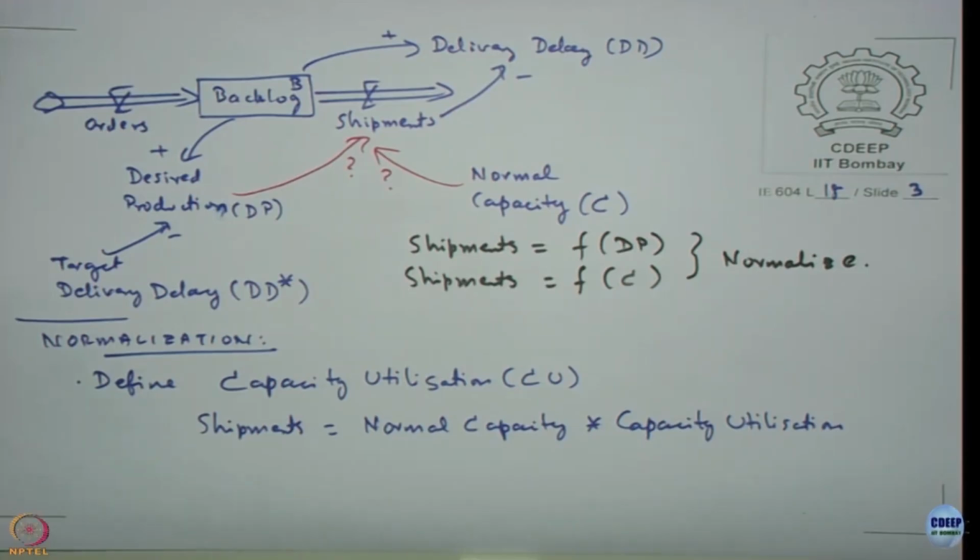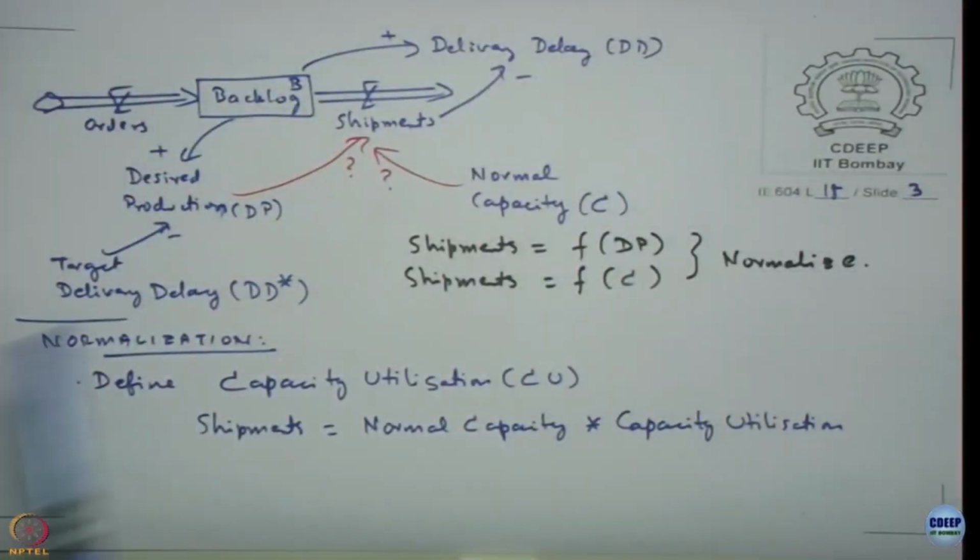On the side of the input, we have desired production. At any point, we will be able to compare the desired production versus the capacity on hand, correct. Suppose I have orders for 1000 and I have capacity to do 1000, then I am saying, yeah, I am good. Or if I have capacity to do 1000 and my desired production is only 500, then I know I am over capacitated, right. I have enough bandwidth to complete that order, correct.